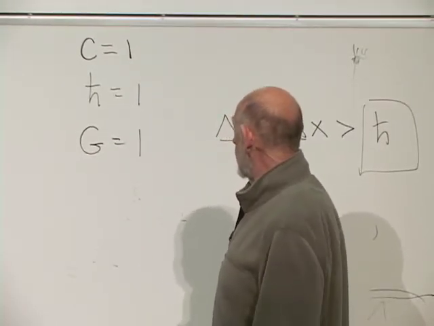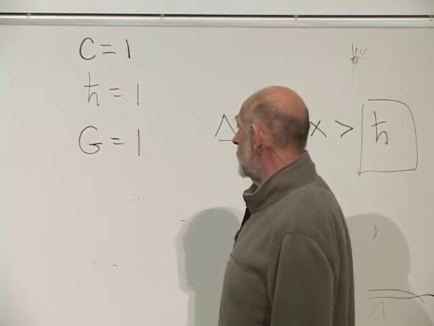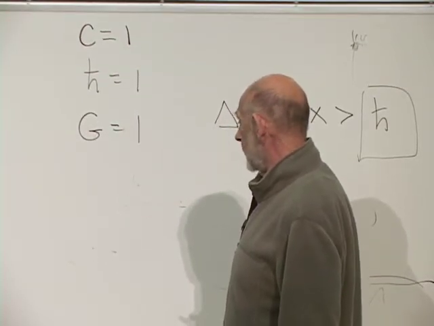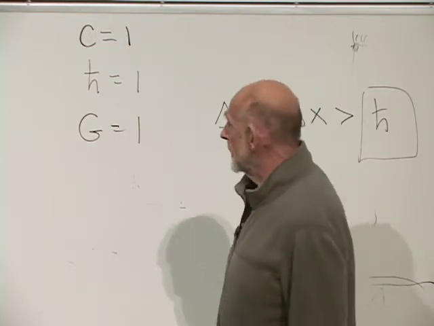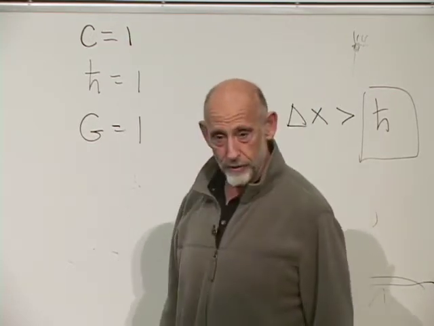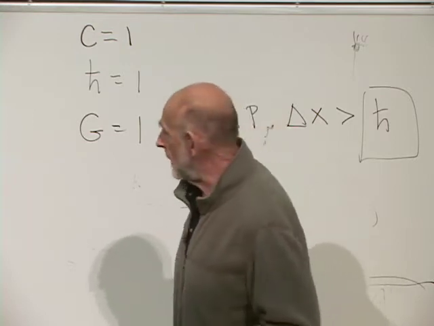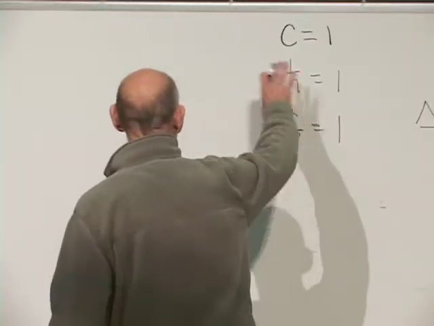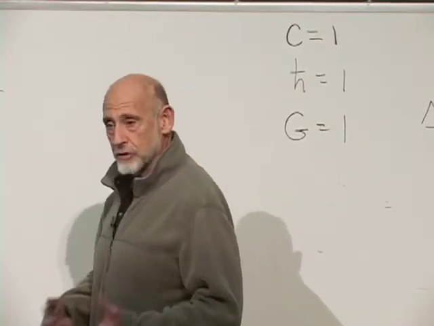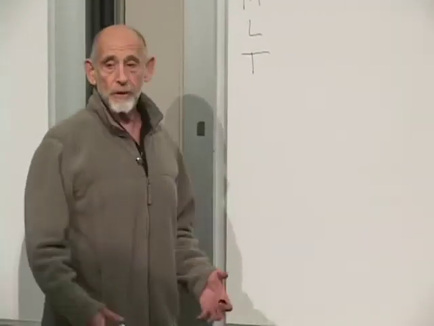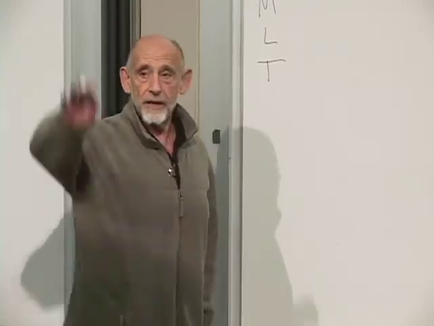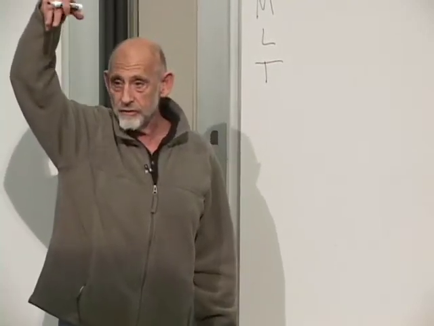Let's see. Let's do length. Tell you what, even better. Let's do length squared. Let's see if we can find a combination of g, h bar, and c which has units of length squared. Okay, so here's what we do. Just some simple dimensional analysis. Everybody here knows how to do dimensional analysis? Okay.